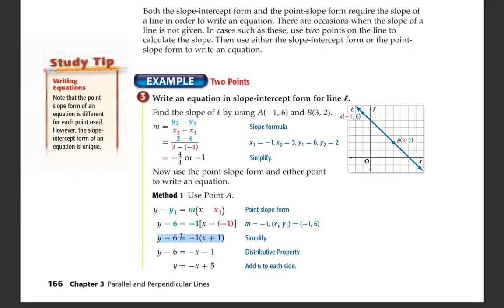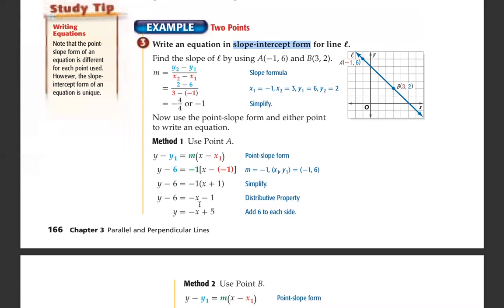This one is in point-slope form, but we need to write our answer in slope-intercept form. So to write it in slope-intercept form, we will have to distribute this slope to each of the numbers inside, and then move the number after your y to the other side, because when we say slope-intercept form, we want our answer to just be variable y on the left side, and all the rest goes to the other side.